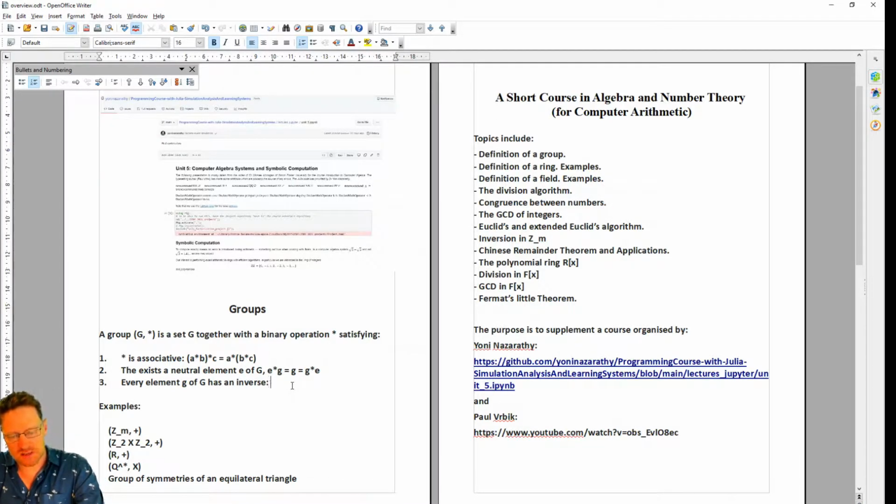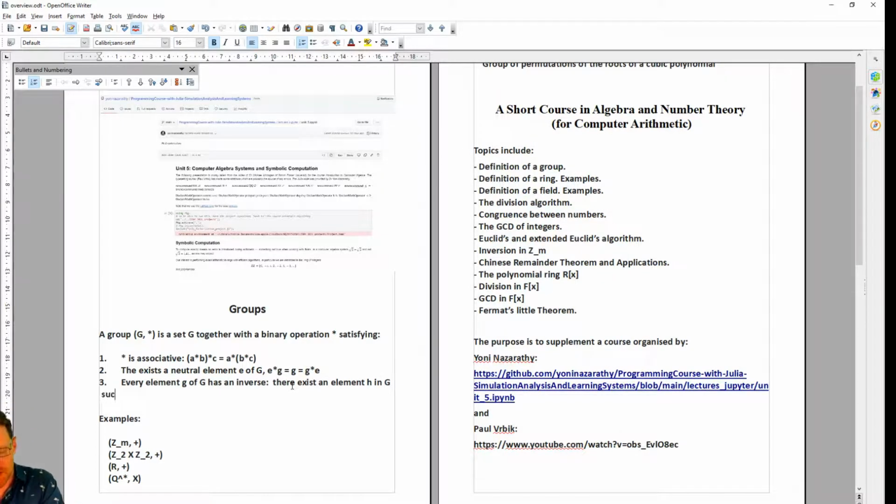And what this means is that there exists an element, let's just choose another letter, H, in G such that G combined with H gives me that neutral element or identity element E, and the other way around as well, H combined with G gives me that neutral element E.